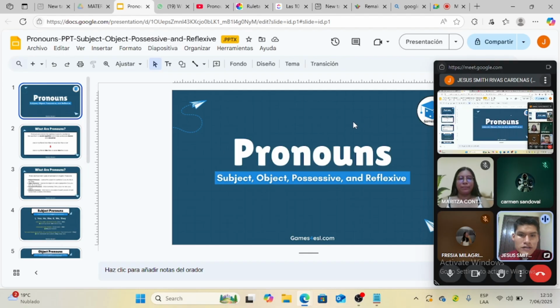Well, there are different types of pronouns. We have subject, object, possessive, and reflexive pronouns. Each one of them is different from the others, and we are going to see how they differ from each other.